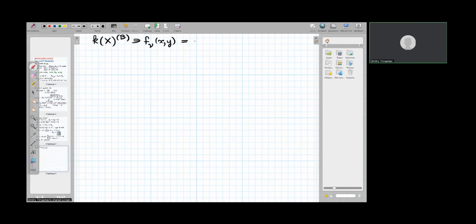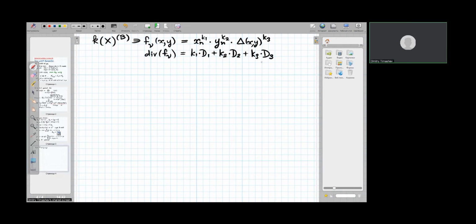So this function should be of the following form: xn to some power k1 times yn to some power k2 times delta of xy to some power k3, so that the divisor of this function will be k1 d1 plus k2 d2 plus k3 times d3.